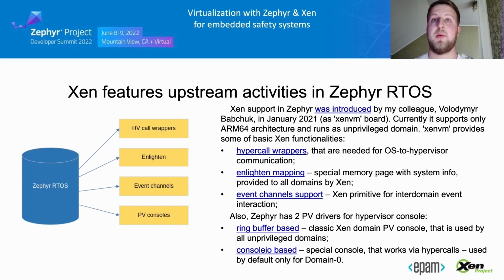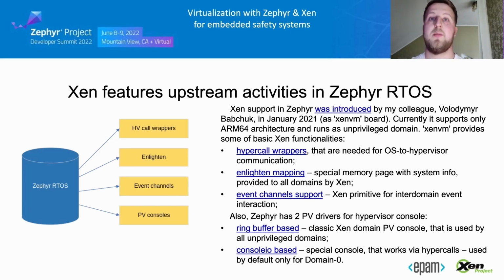The Enlighten page mapping. Enlighten is a special memory page that is assigned to all created domains, and it contains Xen system information. And also the event channels. It's a Xen primitive for inter-domain interactions via events. These changes were submitted to the Zephyr repo and successfully merged last year.